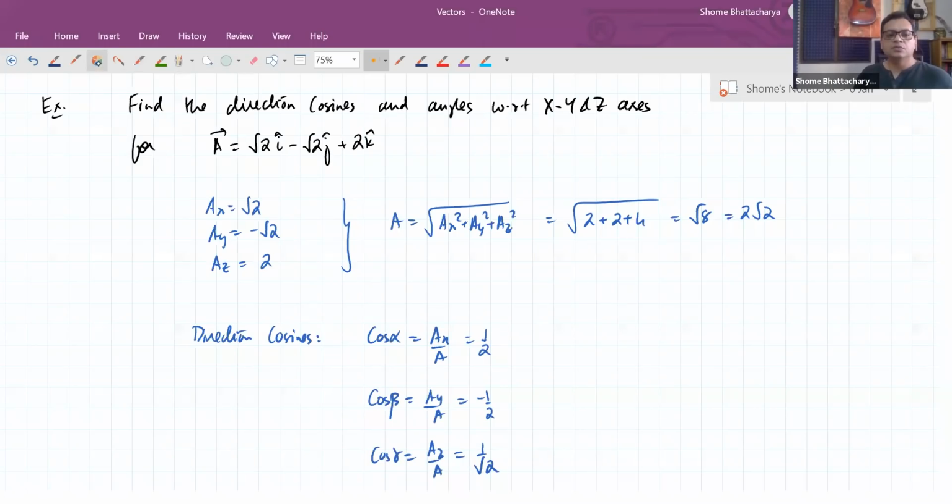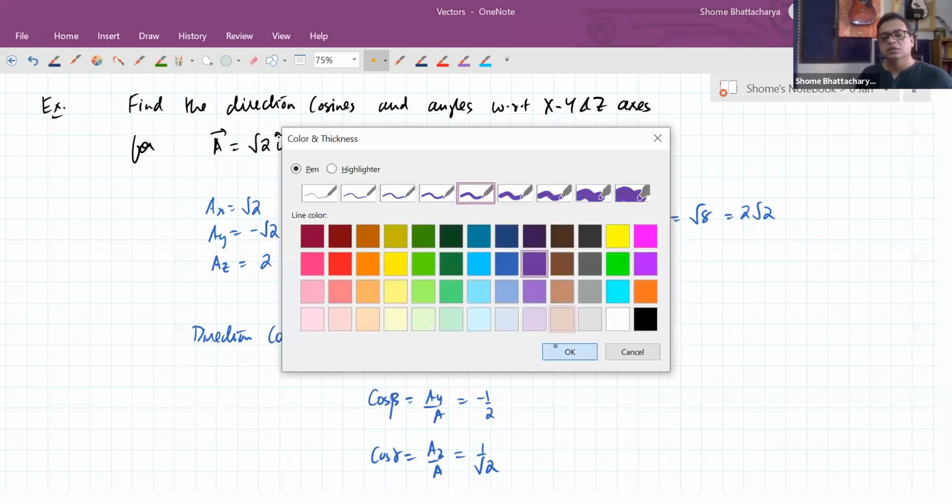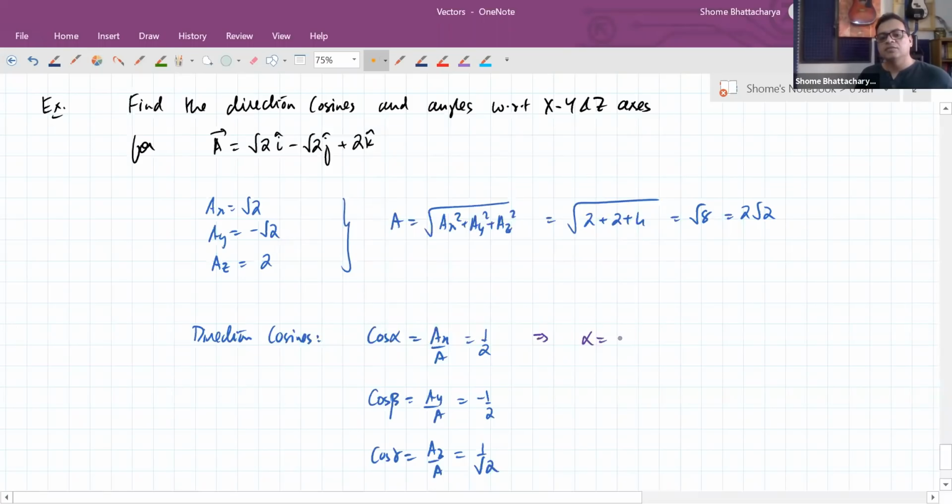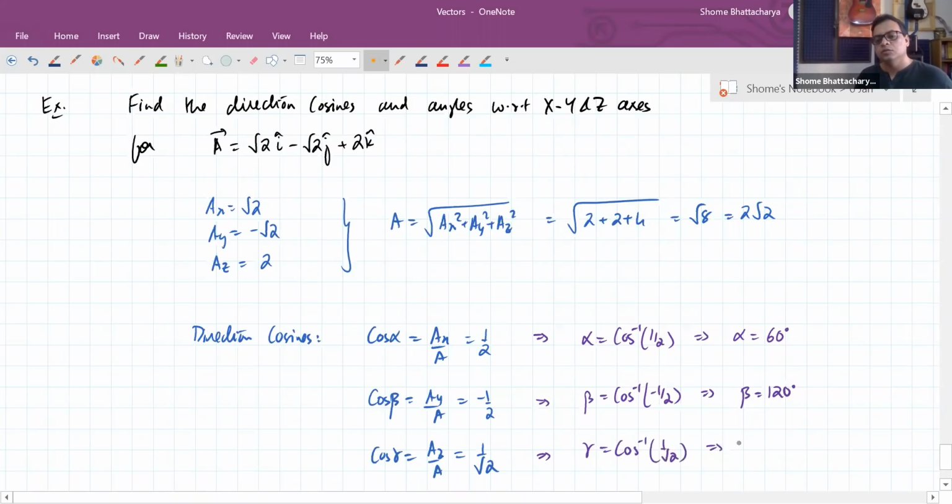Once you have figured this out, you can see very easily that the angle alpha with respect to the x-axis is cos inverse half, so alpha will become 60 degrees. Beta, the angle with the y-axis, is cos inverse of minus half, so in this case it will become 120 degrees, because it has to be an obtuse angle. Its cosine is negative. And gamma is cos inverse of 1 by root 2, so gamma will be 45 degrees.